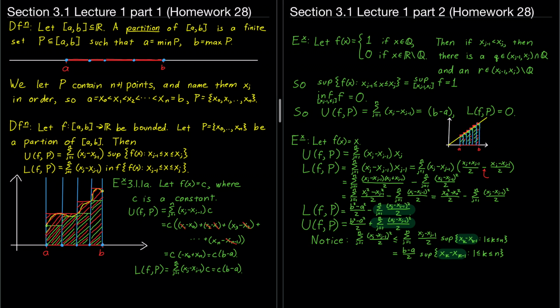And so we can force our upper sum to be b squared minus a squared over 2 plus a little bit more, our lower sum to be b squared minus a squared over 2 and a little bit less. So we can force the lower and upper Darboux sums to get closer and closer to each other, and also closer and closer to the area of a trapezoid formula that we know and love.